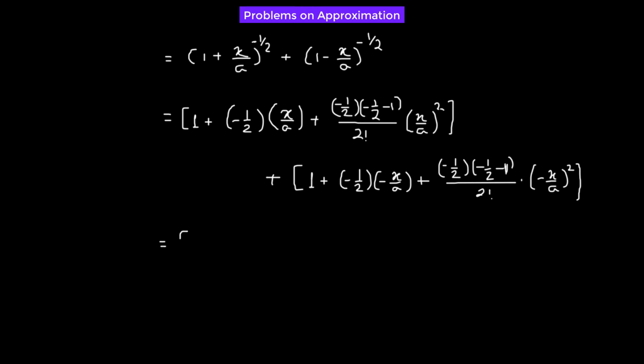I'm going to simplify the terms, so we'll get 1 minus x over twice of a plus negative half times negative 3 over 2 divided by 2 times x squared over a squared.